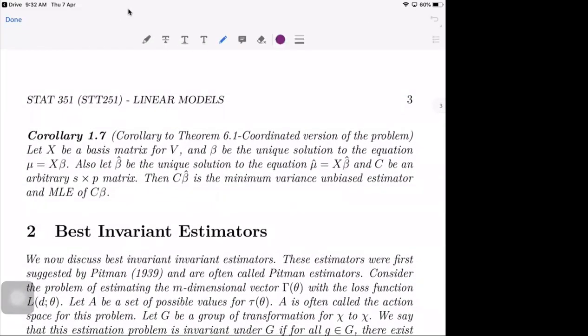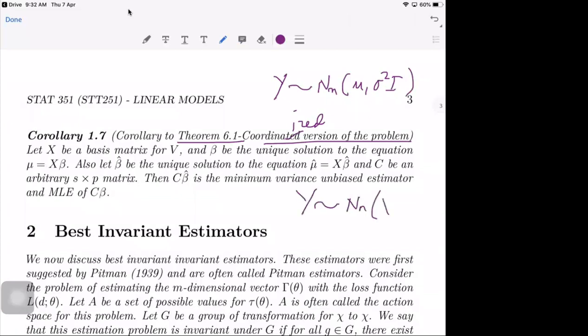So as a corollary to that, if we look at the coordinatized version model, in this coordinatized version model, if we have original y, which is normally distributed with mean mu and variance sigma squared I, the coordinatized version will be N of X beta, sigma squared I. So in this notation, X is a basis matrix for V. Beta is the unique solution of the equation mu is equal to X beta.